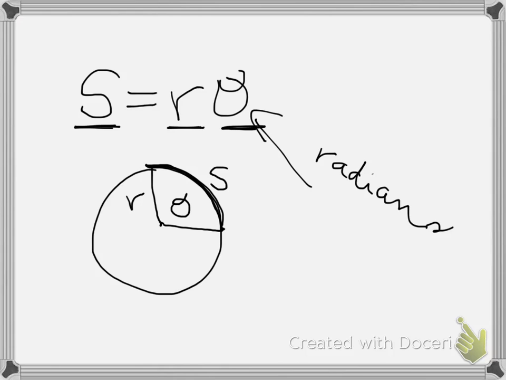Okay, let's look at example 3. Example 3 says, given the central angle of 128 degrees, find the length of its intercepted arc in a circle of the radius 5 centimeters, round to the nearest tenth.